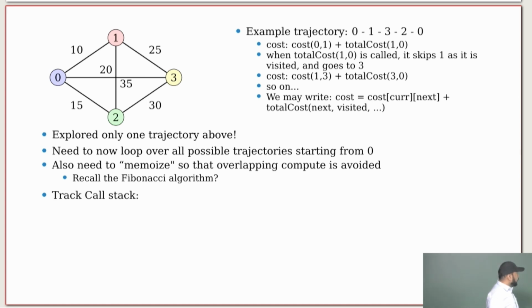Now when we write it in a recursive way, it's natural that it will go to the base case. Your call stack will have top-down calls, but then it will go to the base case, and in this case the base case will be the terminal cost.